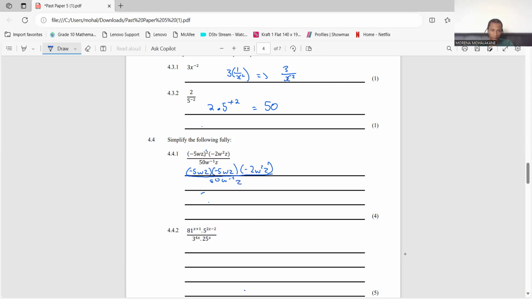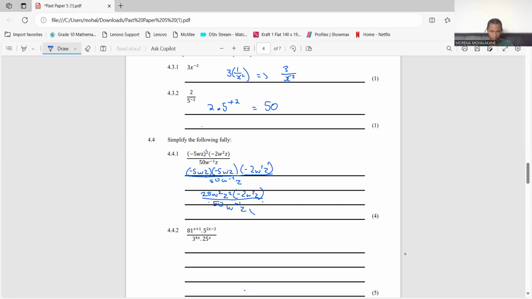This is going to give you 25, negative 5 times negative 5. Then you have w multiplied by w, which is w squared, then you have z squared.